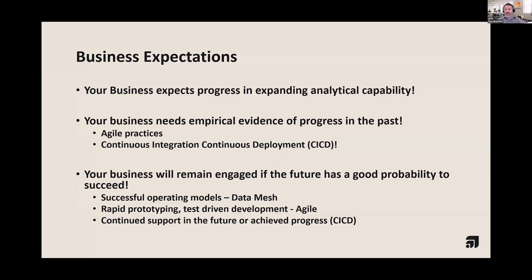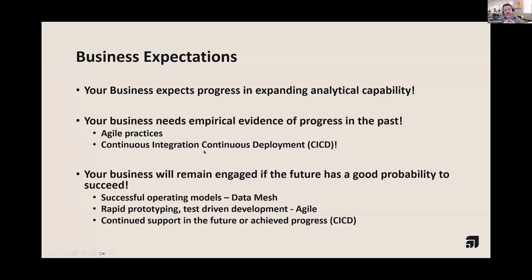Let's be fairly clear about this, and rightly so, because many promises have been made in the past and have not necessarily eventuated. So we need that empirical evidence, the past progress, to help us build an expectation of success to move forward.